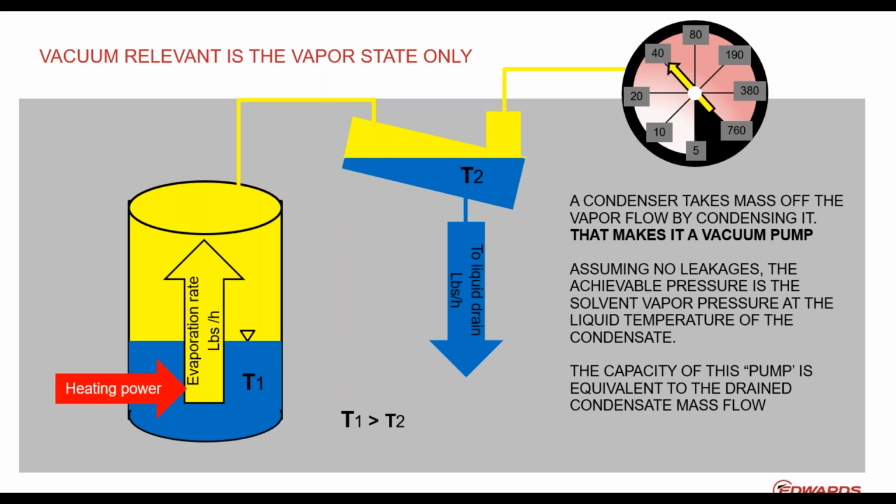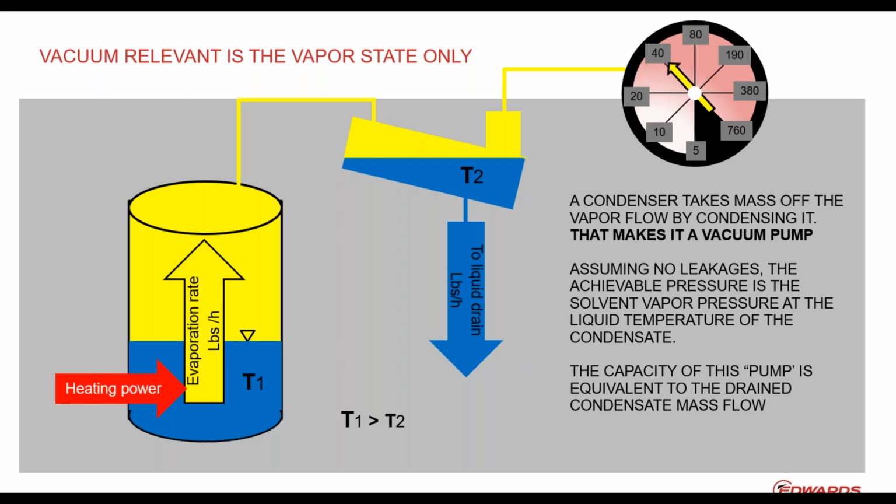Because the temperature T2 is lower than T1, the pressure above the surface of the liquid on the condenser is lower, and therefore it pulls vapor out of the reactor, condenses it, and the capacity of your condenser is the drained liquid mass flow, and you can always calculate it in its volumetric equivalent.